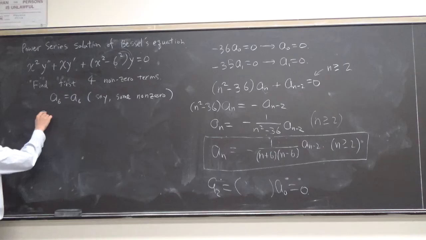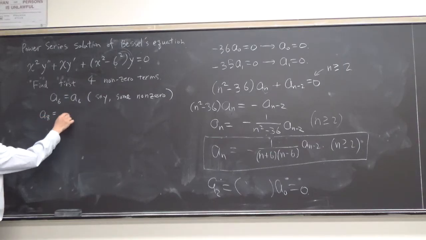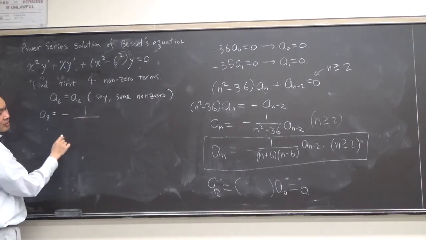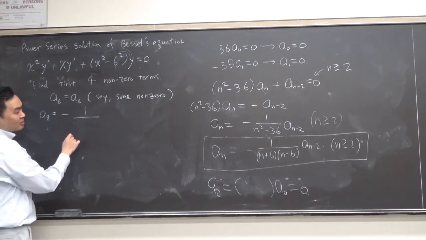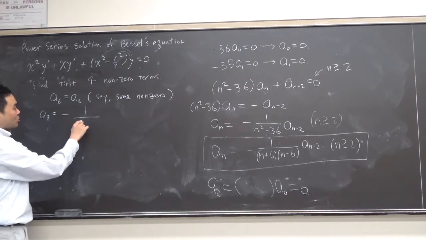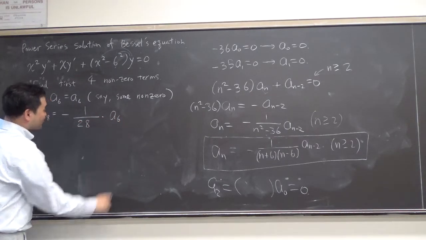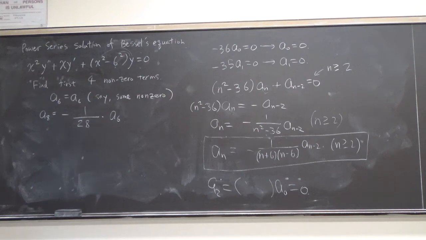But then A8 would be what? Negative 1 over N plus 6 and minus 6, 14 times 2. So 1 over 28 times A6, right? Which means now you can represent everything in terms of A6.